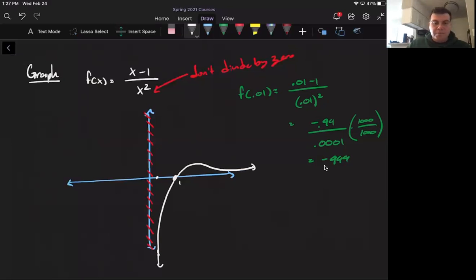Now, there's a good reason why we can't cross the vertical asymptote. That would correspond to two particular things happening. First, it would say that our function stops growing at some point for positive numbers. And that's just behavior we've never seen before.